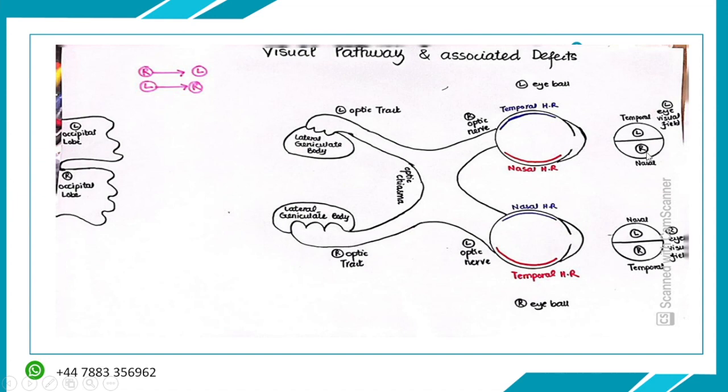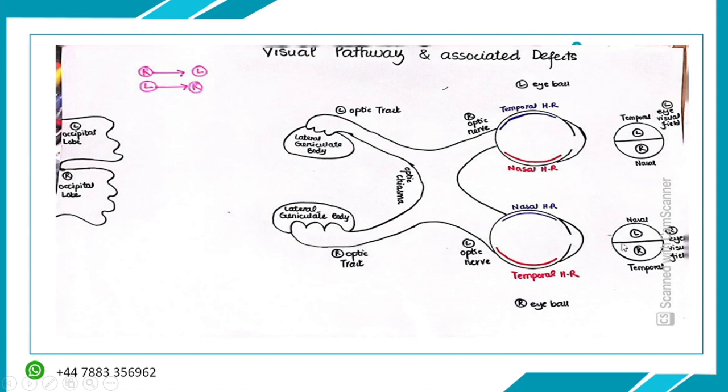This is superior, and this is on the side close to the temporal side. So this is called the temporal left eye visual field. As I have divided it, this is the temporal left eye visual field, and as this part is along the nasal side, this is called the nasal left eye visual field. The same is the case for the right eye visual field.